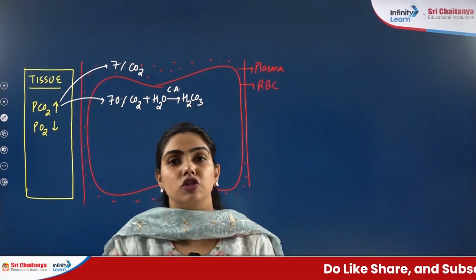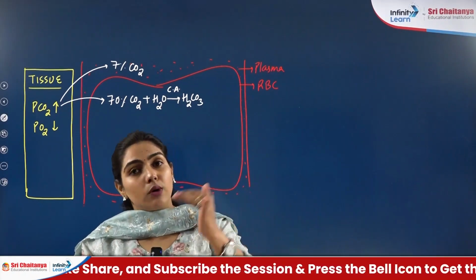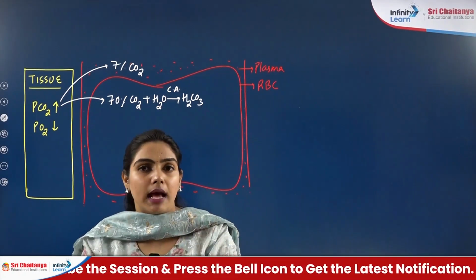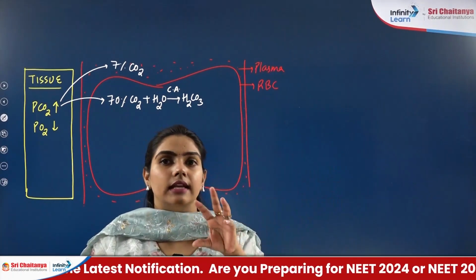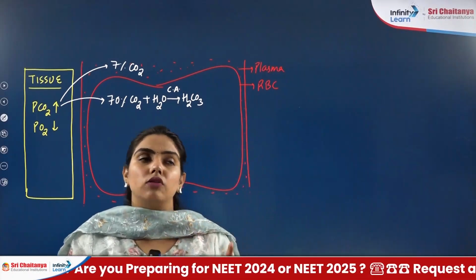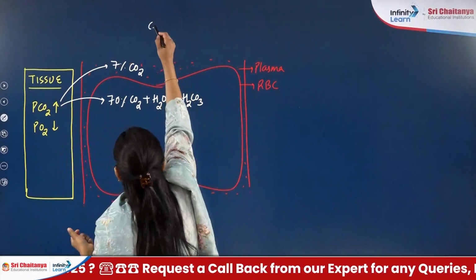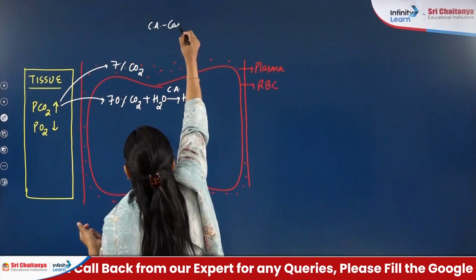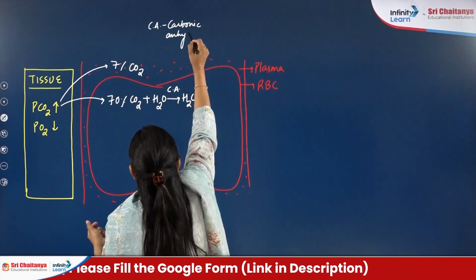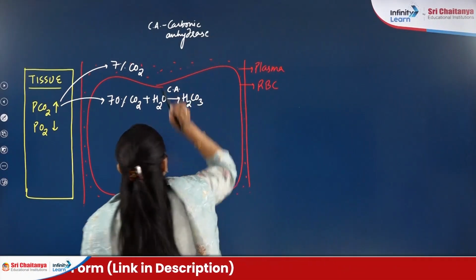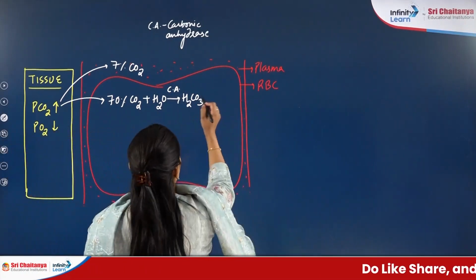This enzyme is present inside the RBC in maximum amount. Outside the RBC it is also present in plasma, but in less amount. That is why this reaction occurs inside the RBC, because more carbonic anhydrase is present there. What is this CA? This is carbonic anhydrase, right?